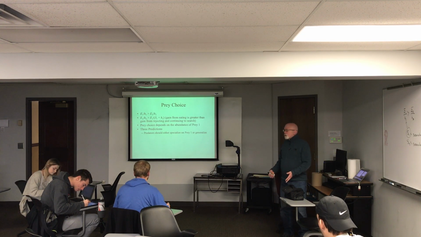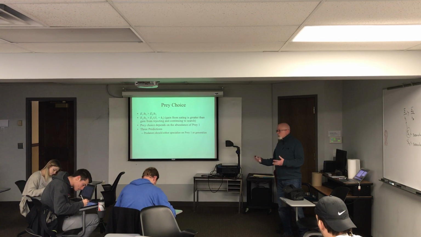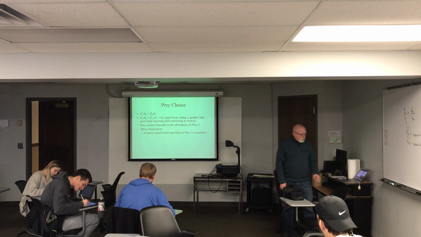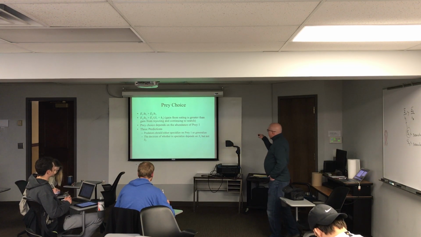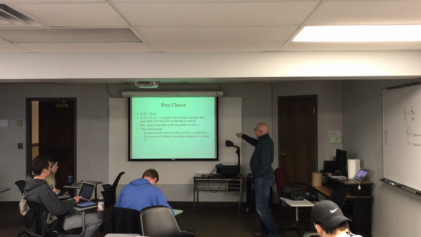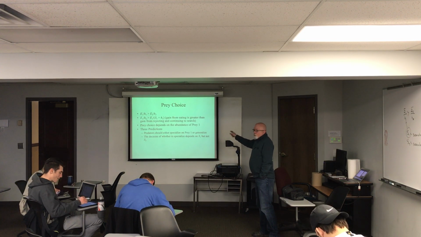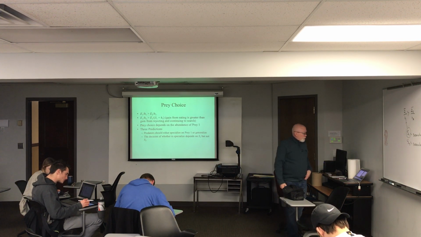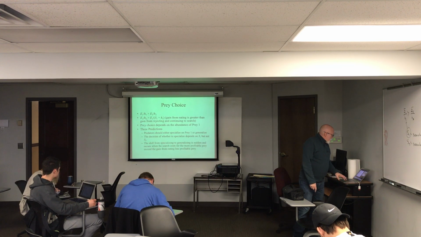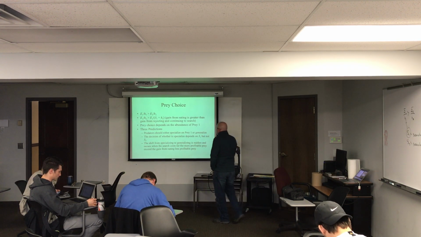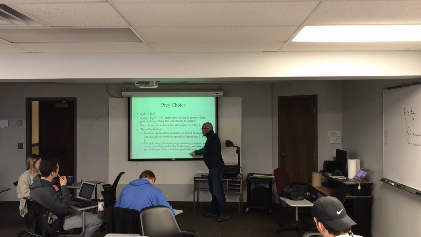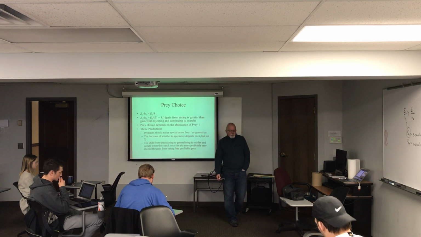You should never specialize on prey 2, because it's the less efficient of the 2 prey types. The decision on whether to specialize or generalize depends upon the search time for prey 1, but not the search time for prey 2. And the shift from specializing to generalizing is sudden and occurs when the search costs for the more profitable prey exceed the gain from eating the less profitable prey.